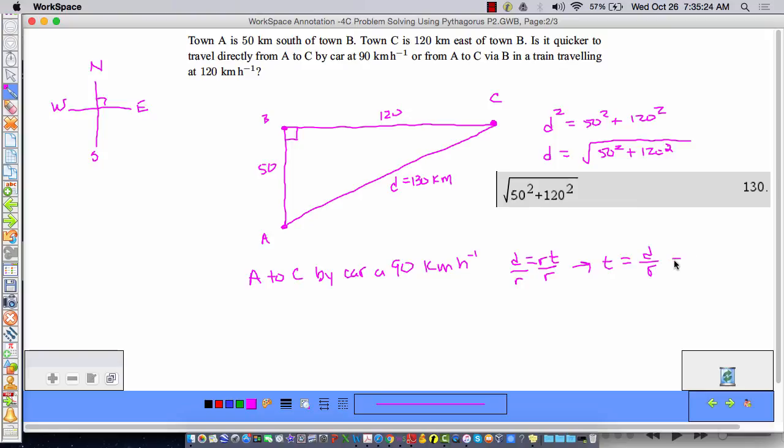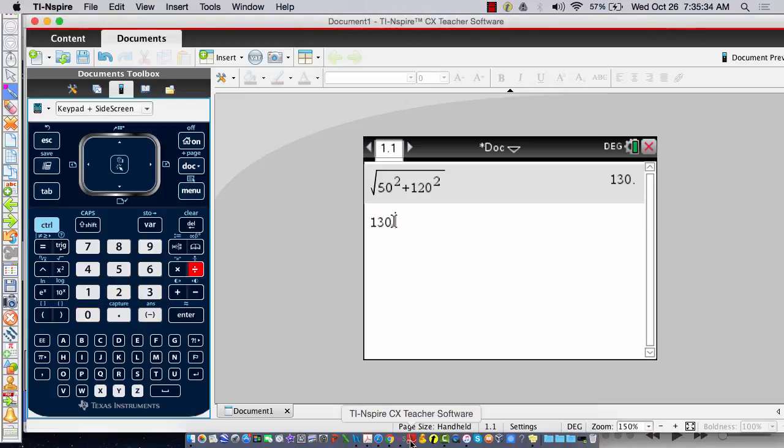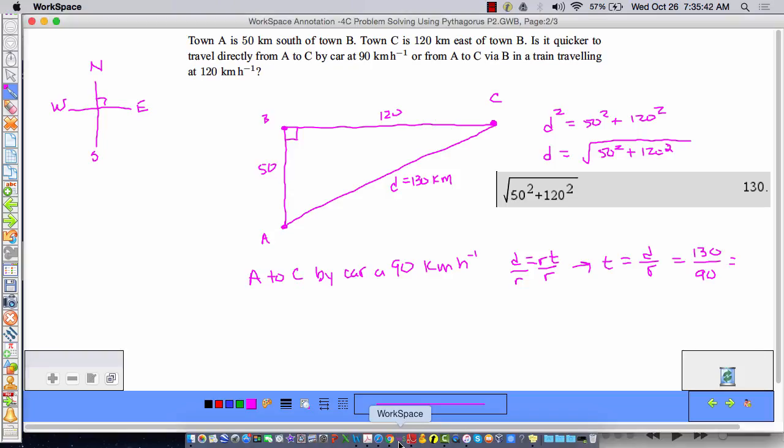So we take 130 and divide it by 90. 130 divided by 90, and we get 1.4 repeating hours. So that'll take 1.4 repeating hours to be exact.